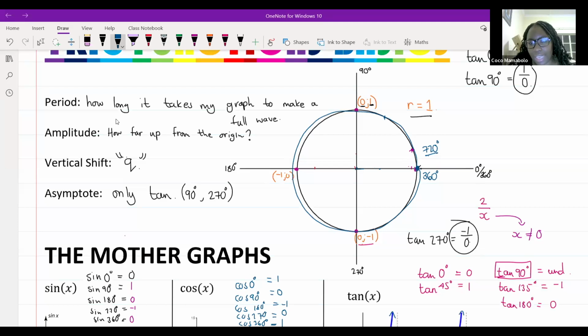And then if I add 10 degrees, I'm going to be at 370. And then I add 20 degrees, that's 380. And I go around 390, 400, 410, 450, come around, land at a spot, keep going, keep going.